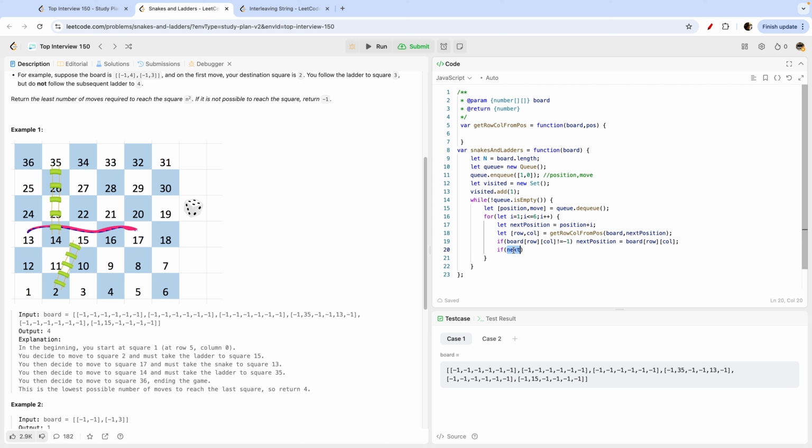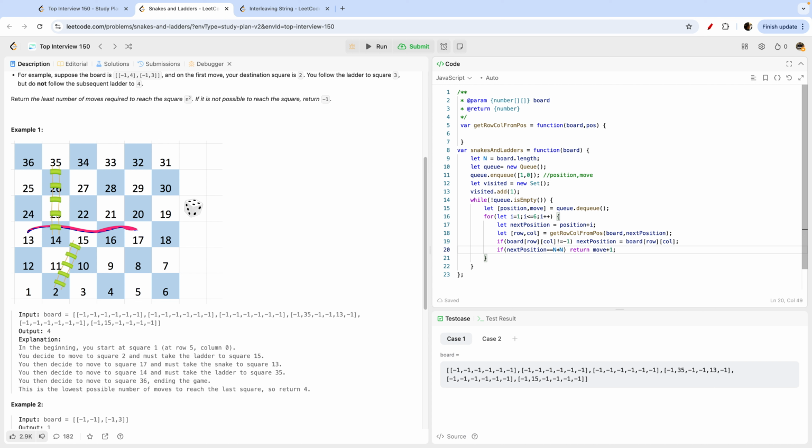Let's say we are at 35, and the next position is 36. We need to return the result as well. So if the next position is equal to n cross n, then return move plus 1.